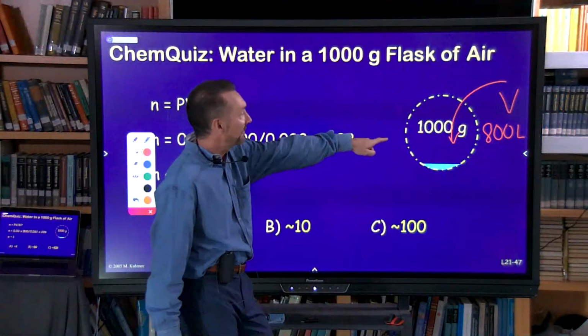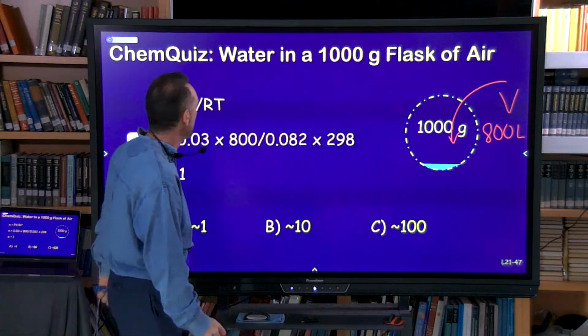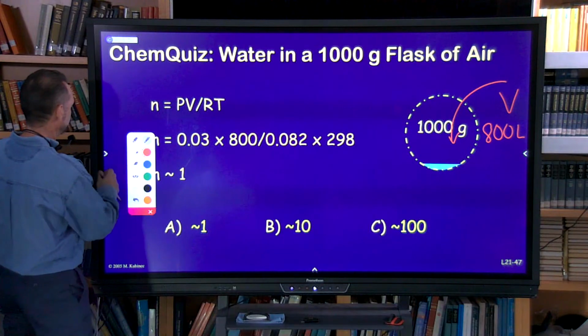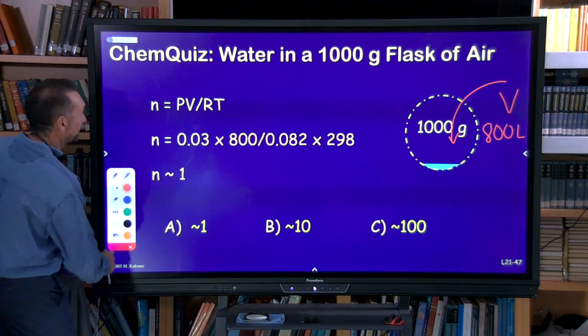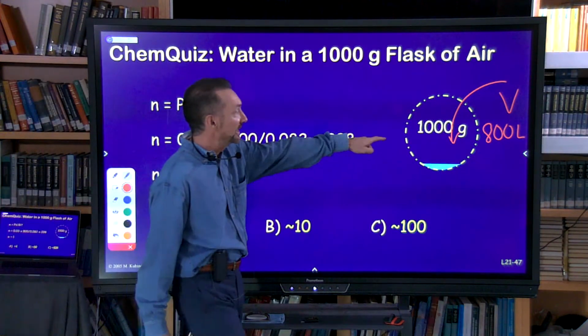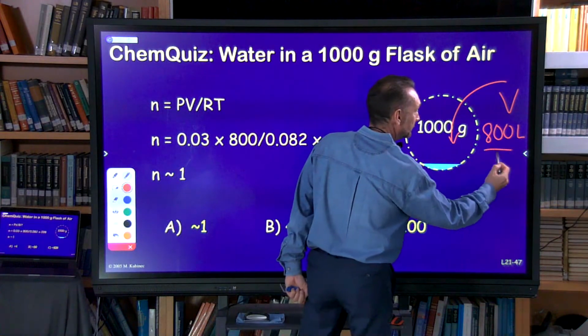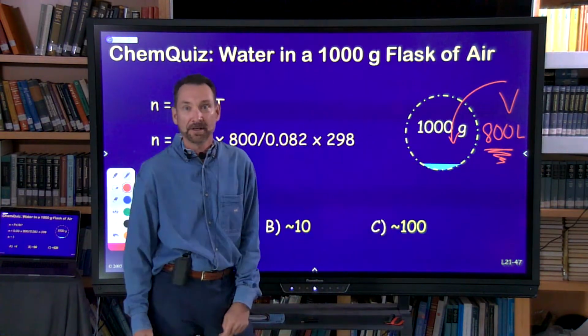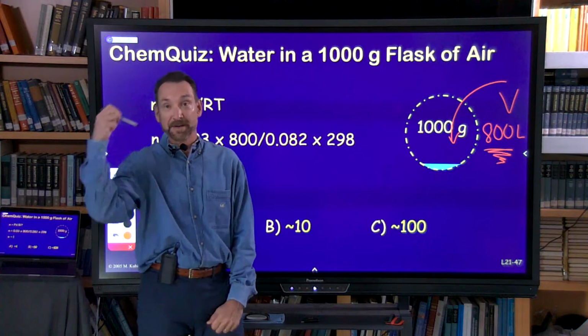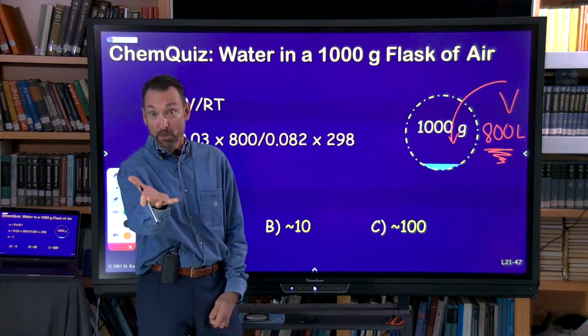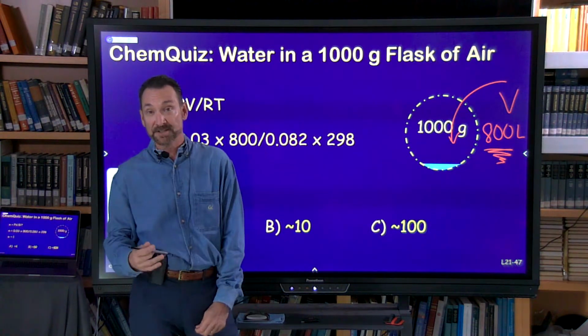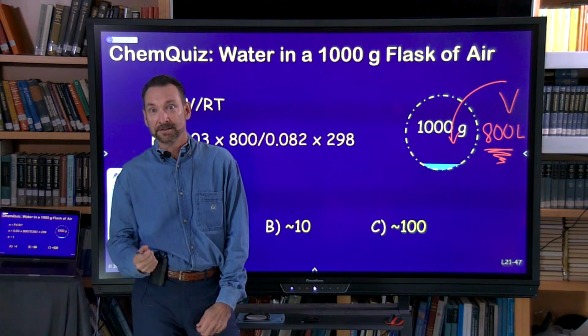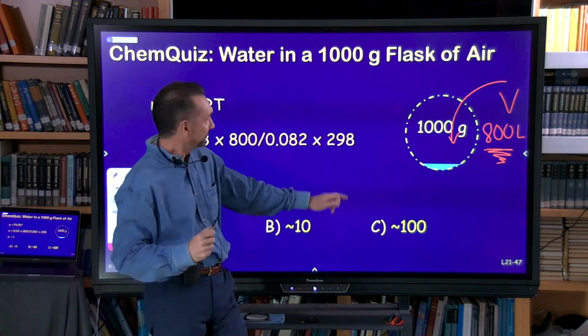So after you carve out that chunk, you have to say, well, in that chunk, that 800 liters, how much water vapor is there if there's liquid water present at 298?